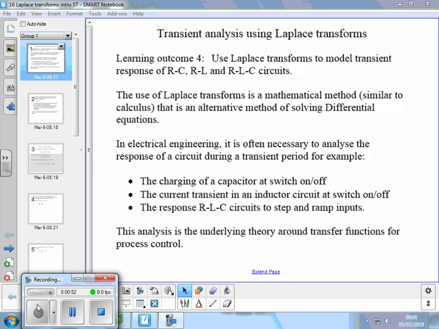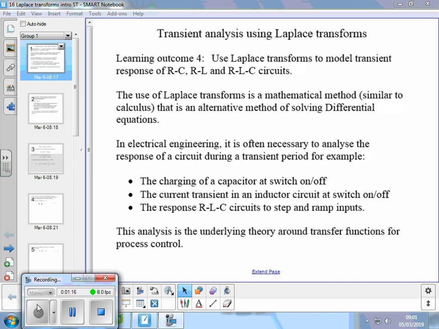In electrical engineering, it's often necessary to analyse the response of a circuit during a transient period. For instance, and most of these you'll be familiar with, the charging of a capacitor, switch on, switch off, which we've already had a look at a little bit in the science module in the first year.